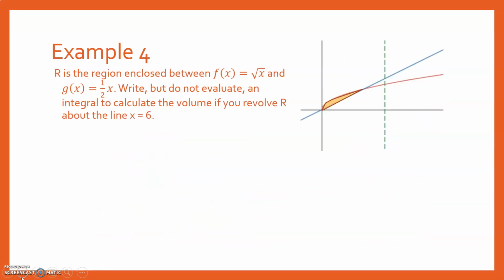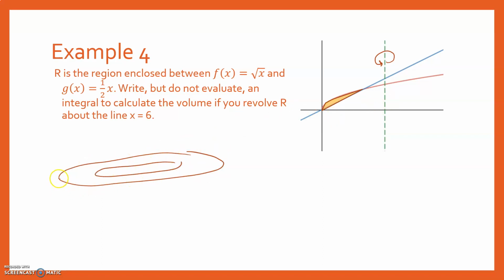All right, this last one, we are going to take this region enclosed between square root of x and 1/2 x, and we are going to revolve it around the line x equals 6. When we sketch our shell, because we're going around a vertical line that's like the y-axis, we're going to have a dy thickness.